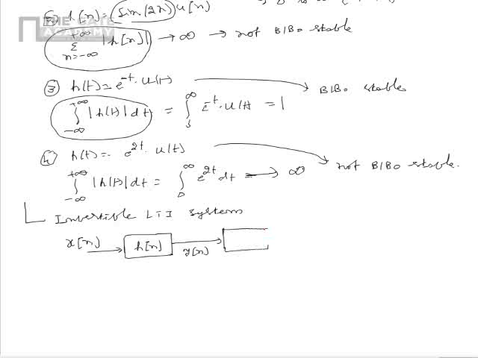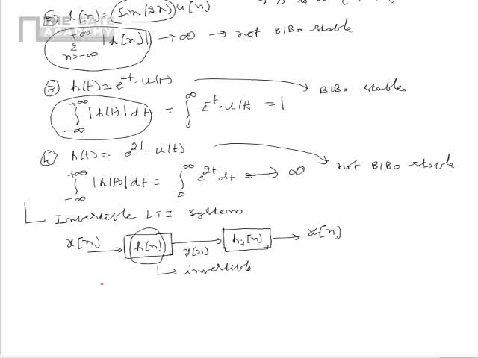If this output y of n is fed to another system, say hi of n, and if we are able to recover the input x of n completely, we say that the given LTI system of impulse response h of n is invertible.